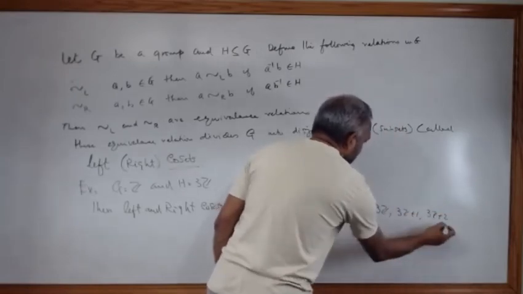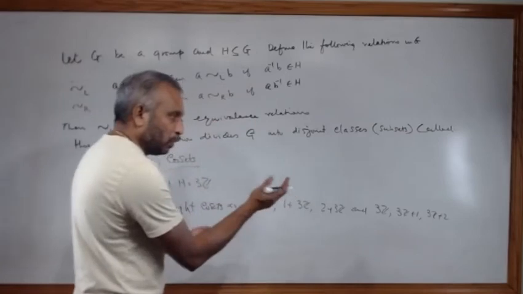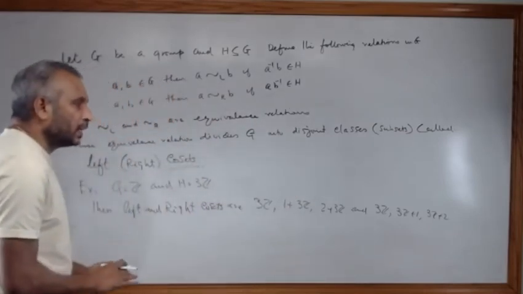See, these are right cosets and these are left cosets, but both are the same because Z is an abelian group.